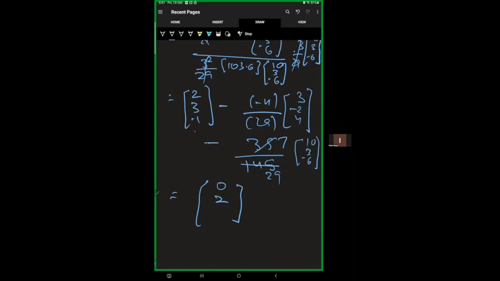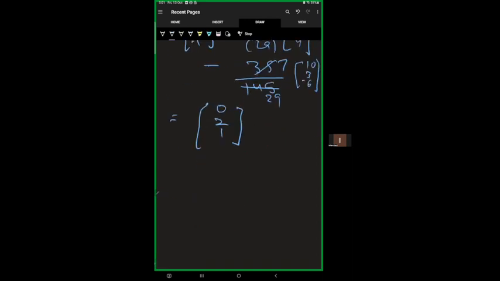And we have minus 1 plus 16 by 29 plus 42 by 29, which is equivalent to minus 1 plus 58 by 29, or minus 1 plus 2, basically 1. So V3 dash is (0, 2, 1). From here we can also obtain the orthonormal version of V3 dash as V3 dash upon norm of V3 dash, equal to (0, 2, 1) upon root of 0 plus 4 plus 1, which is root 5.